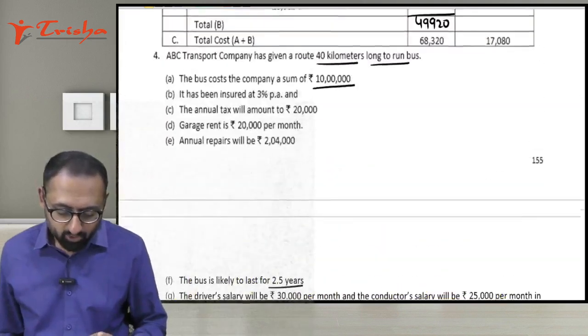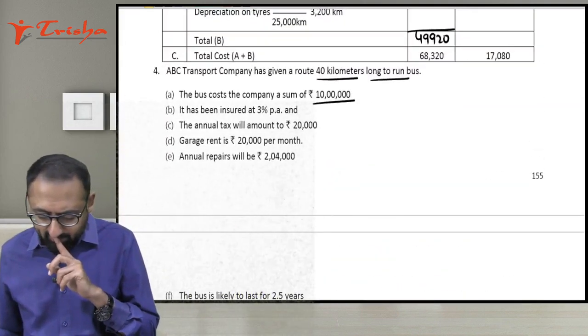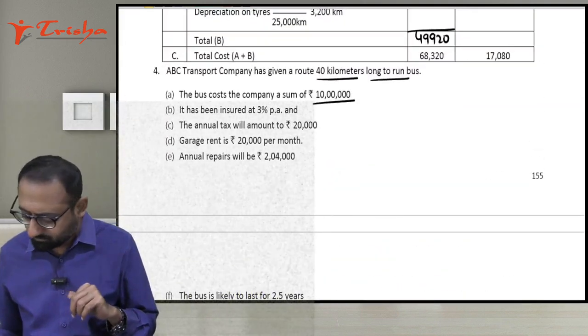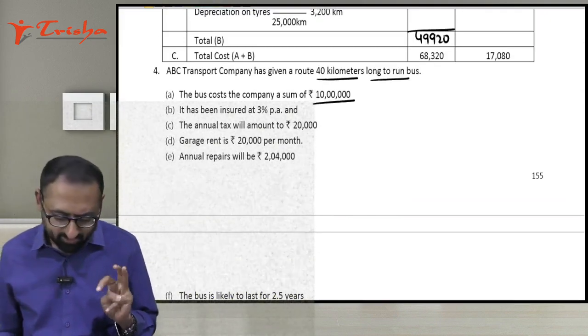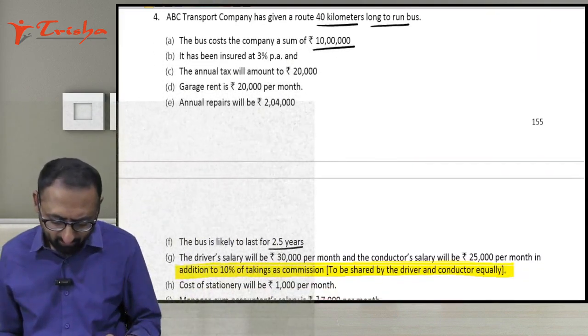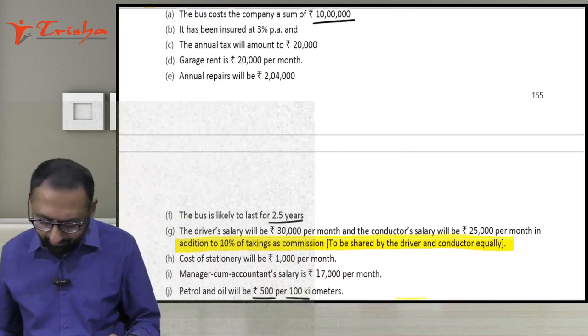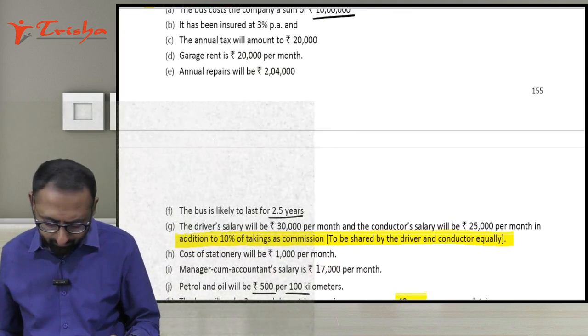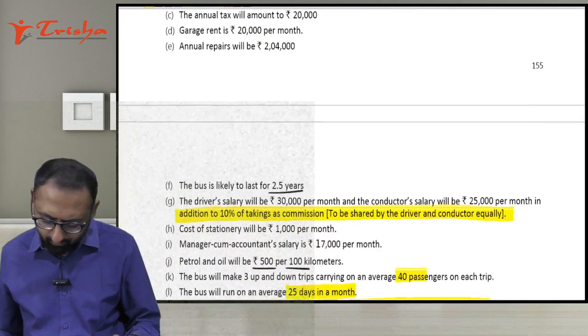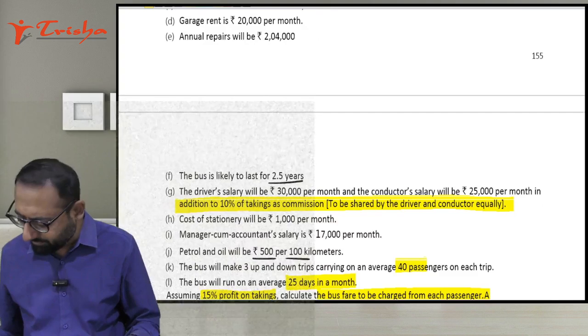So first expense, cost of the bus is 10 lakhs. Let's see, residual value, life is 2.5 years. Residual value is not given.